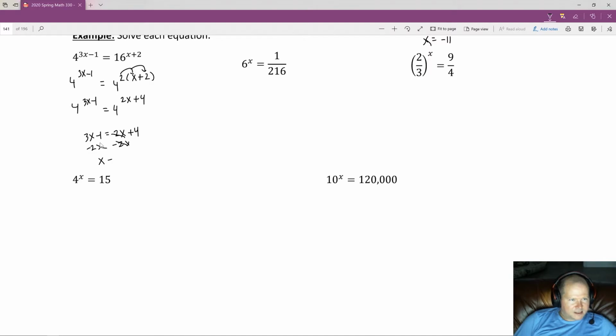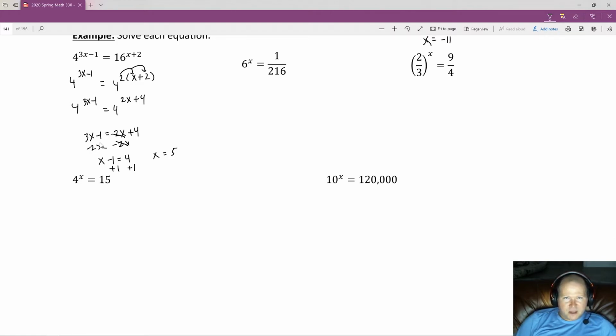We end up with x minus 1 is equal to 4. Oh, I gave the answer to that one, didn't I? Let's erase that. Getting tired. Plus 1, 4 plus 1 is 5.